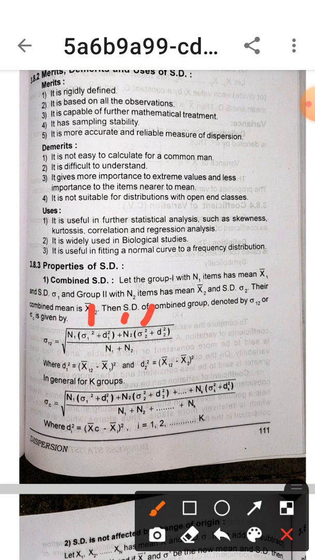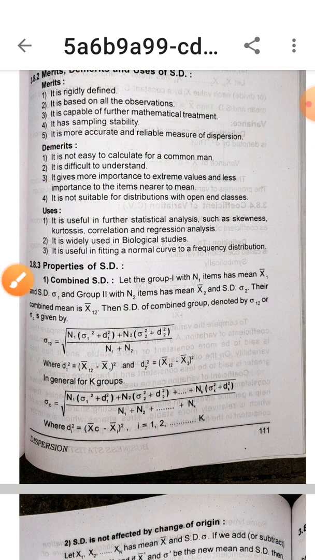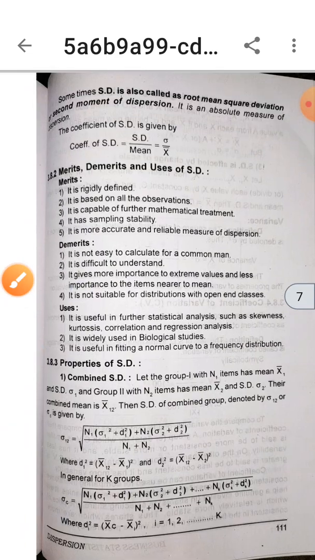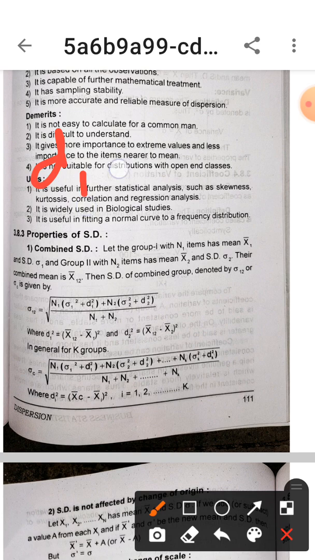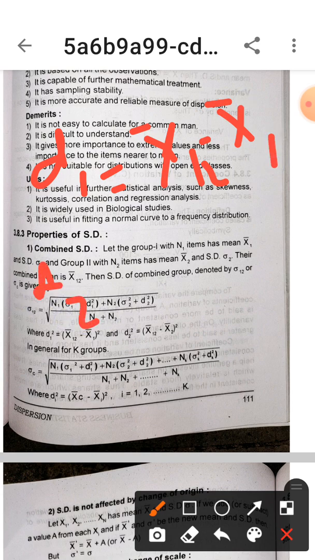The question only requires calculation of D1 and D2. D1 is equal to x bar 1 2, that is combined mean, minus x bar 1, and D2 is equal to x bar 1 2 minus x bar 2.